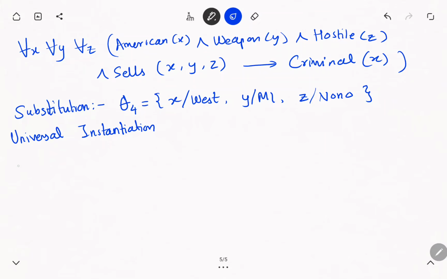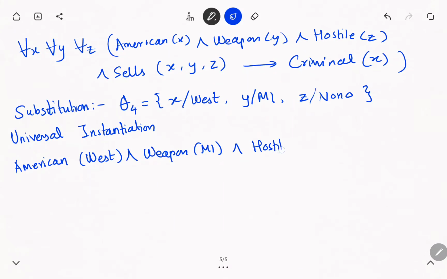So we'll use universal instantiation and we'll say that American West and weapon M1 and hostile no implies criminal West is true. And now we only have to prove that this is true. Now this is true from the knowledge base.